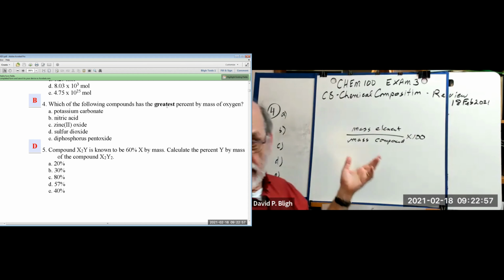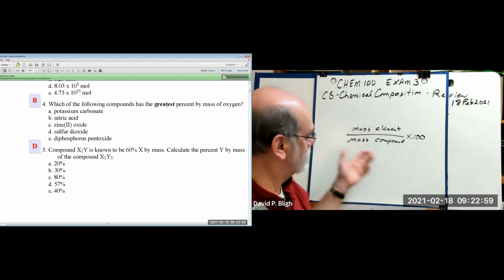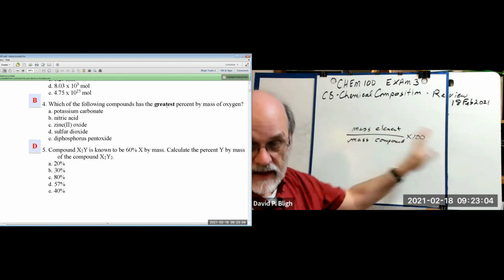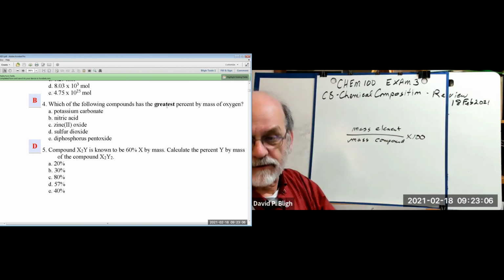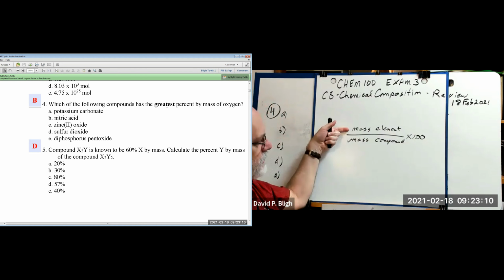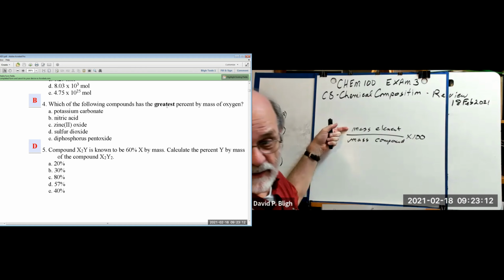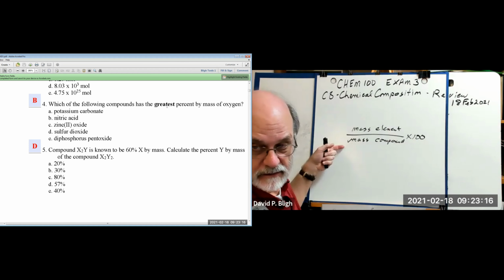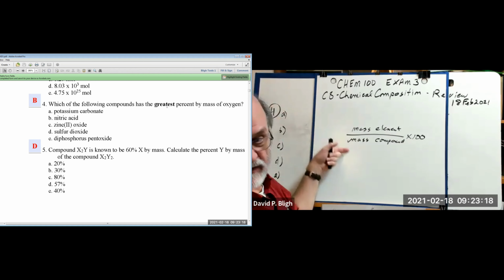Now, if you're in the lab and you have a pure compound and you determine the mass of the element, then you do the calculation. But if you have the formula, then this becomes the molar mass of the element, and this becomes the molar mass of the compound, which includes the mass of the element.